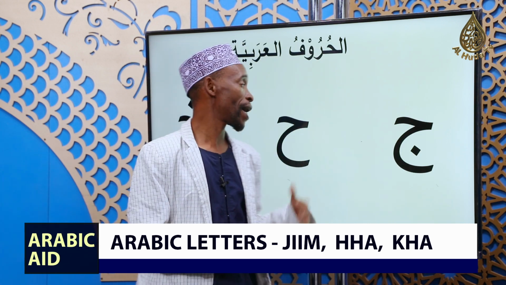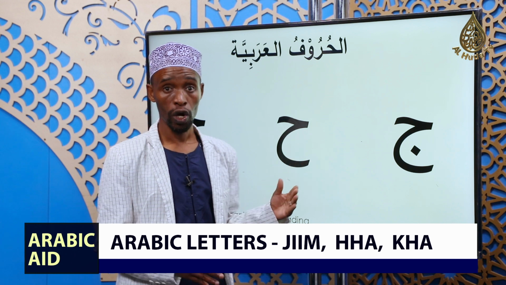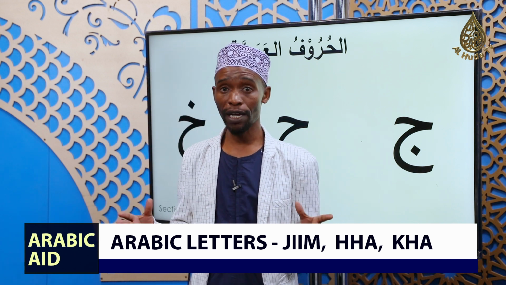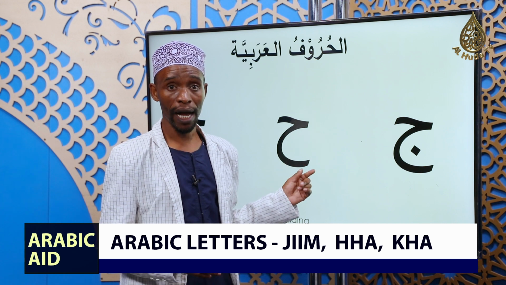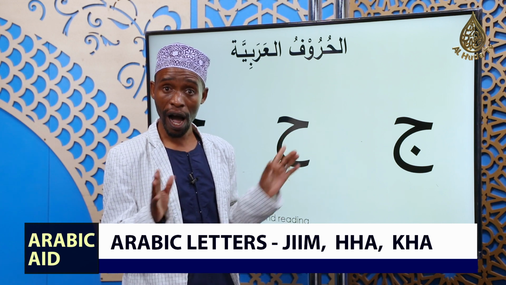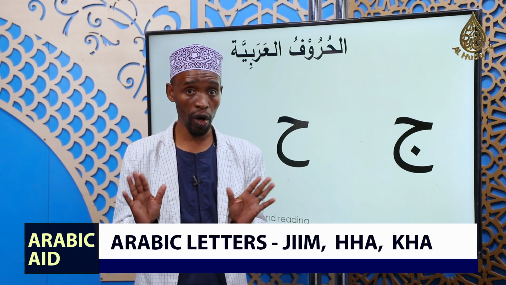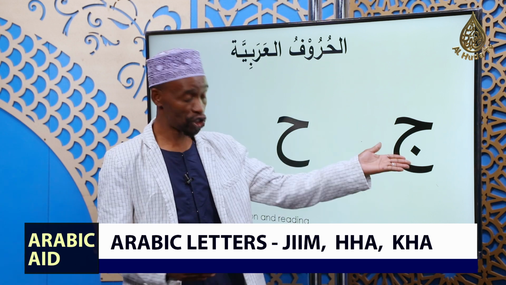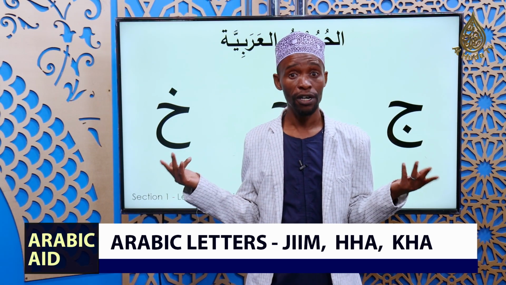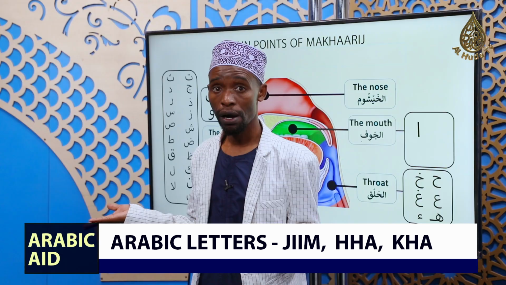Jiim is followed by Hha, which is also recognizable by its similar hook shape. But as you can see, Hha has no dot at all, and that is how it is identified from Jiim. Where is the Makhaarij for Hha?